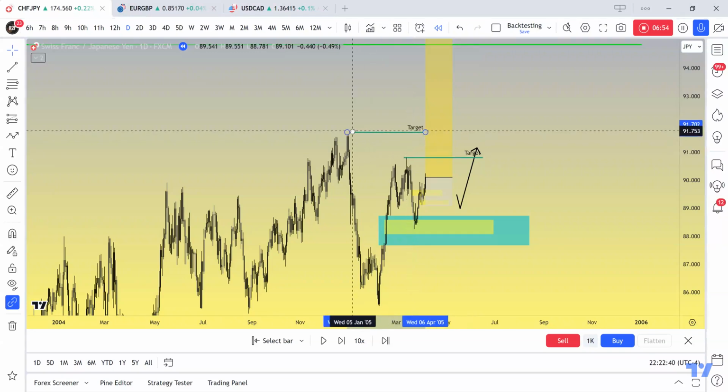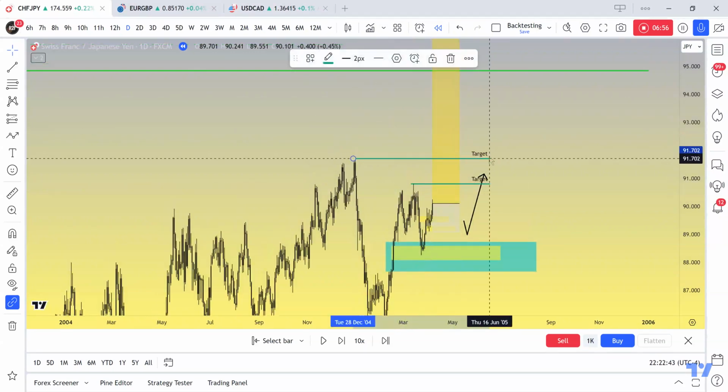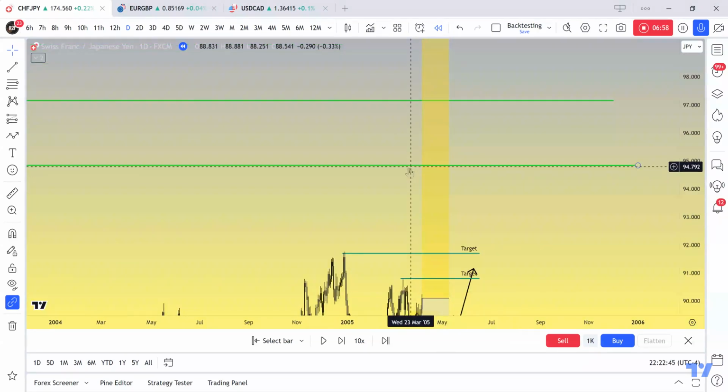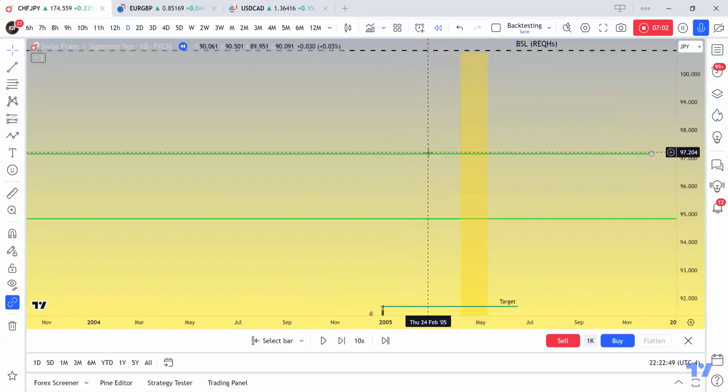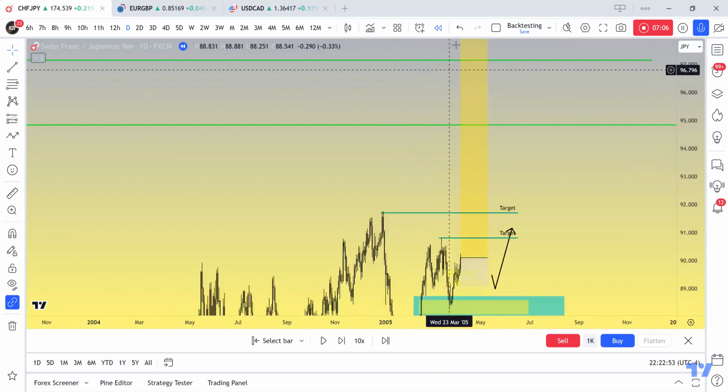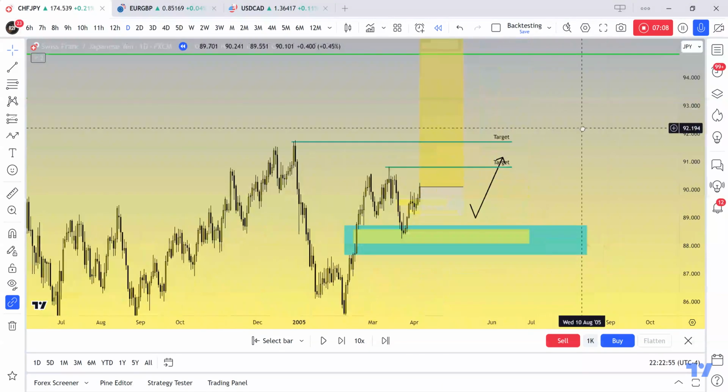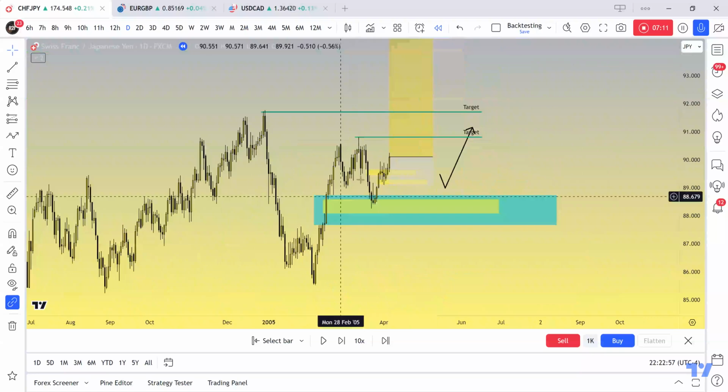Second here, and we're gonna say here, the midpoint of this wick, or a little bit before the actual body, monthly order block or breaker, and above this, equal highs. So let's see. There's also an order block down here. We may come back down there before going up.